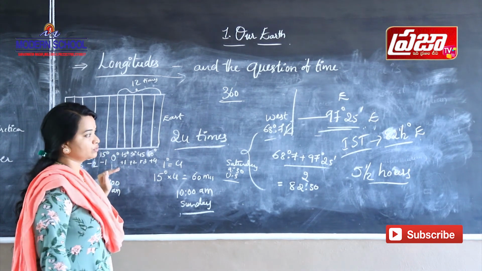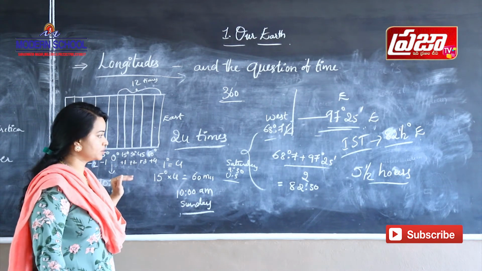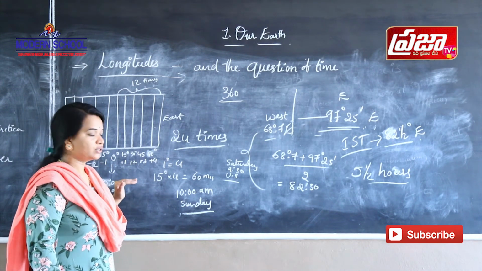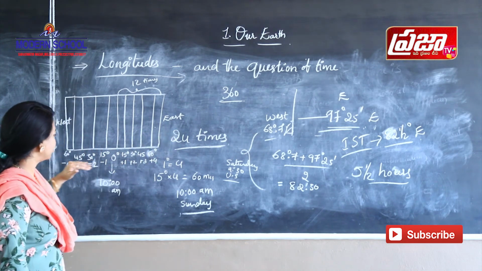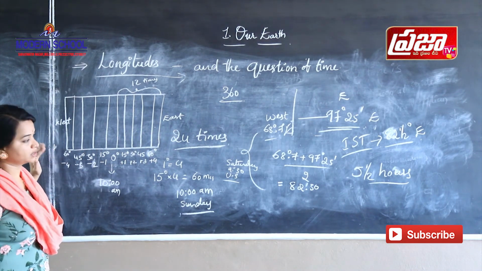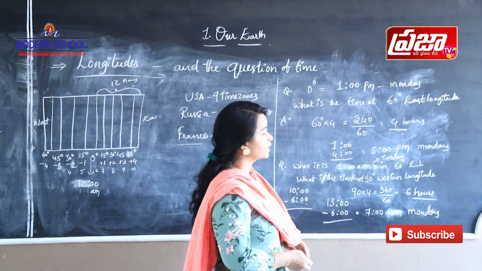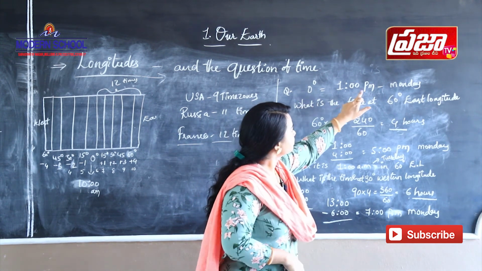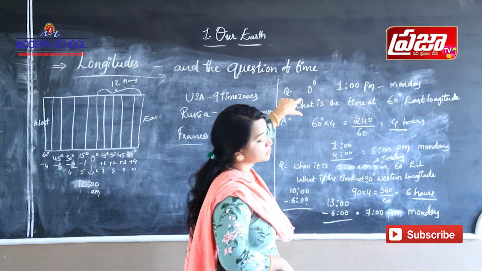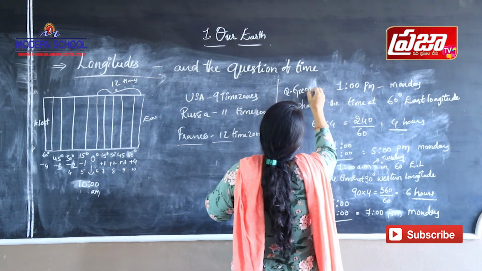So whenever you need to calculate the time from Greenwich or any particular longitude, you have to add the time if you go eastward, and subtract the time if you go westward. So here we have 2 problems about time calculation. When the time is 1 p.m. Monday at Greenwich, what is the time at 60 degrees eastern longitude?